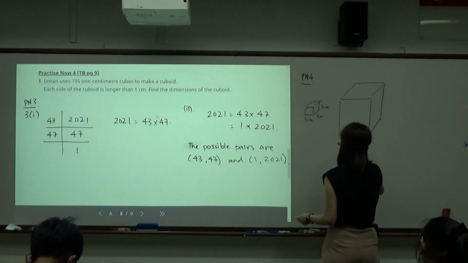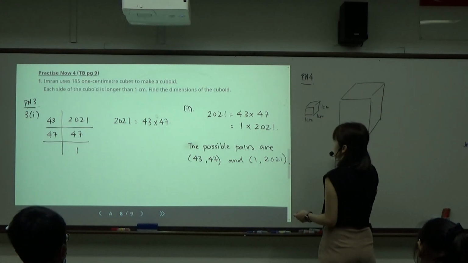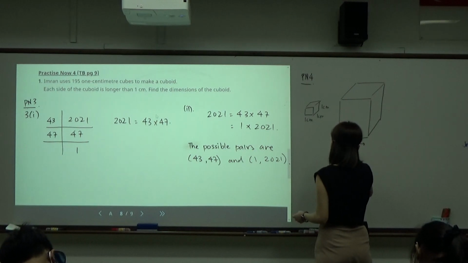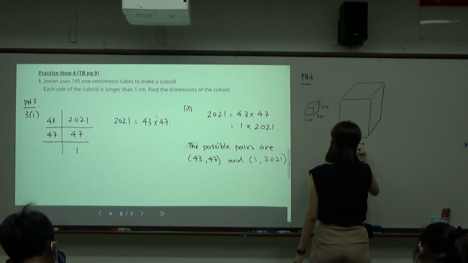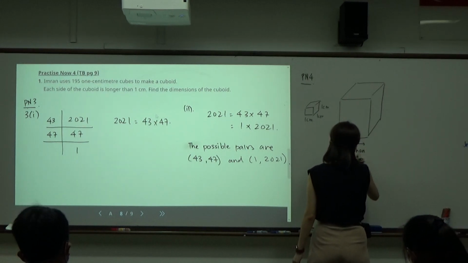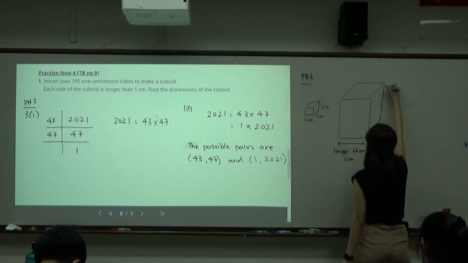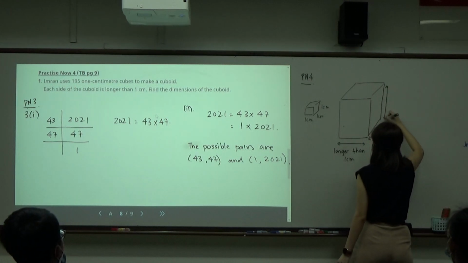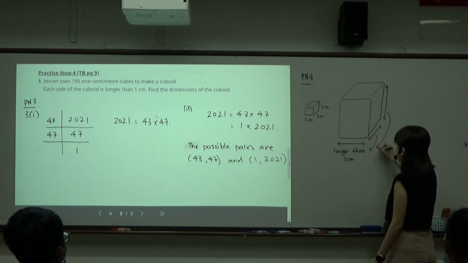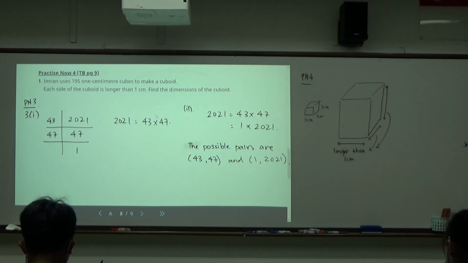They must be longer than 1 cm in size. What I'm trying to do over here is to help you visualize what the question wants. It is purely up to you whether you want to draw diagrams like this or not to understand the question.